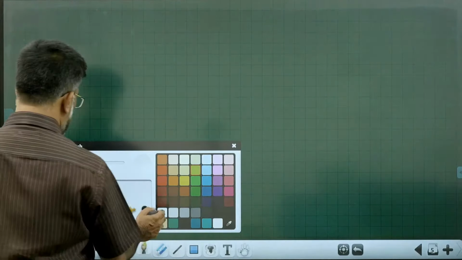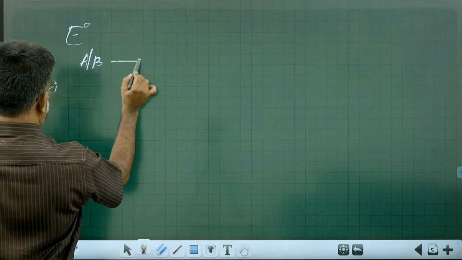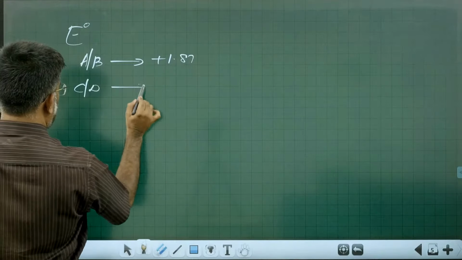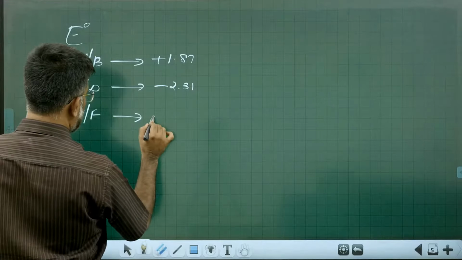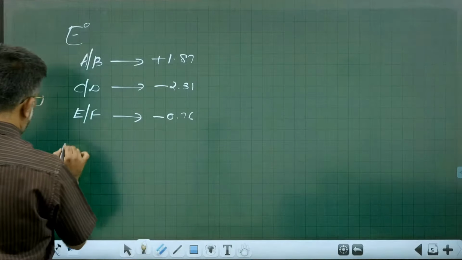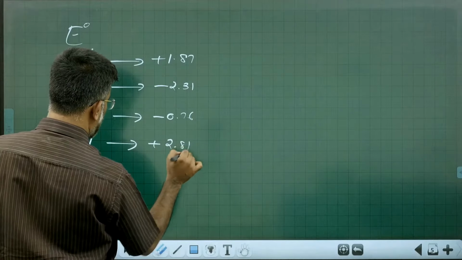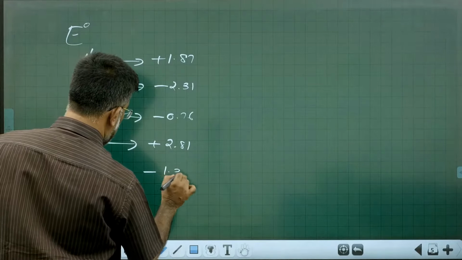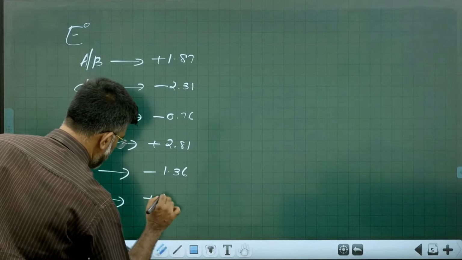Suppose you are given such a question: E naught A|B is plus 1.87, C|D is minus 2.31, E|F is minus 0.76, G|H is plus 2.81, X|Y is minus 1.36, and P|Q is plus 0.8.